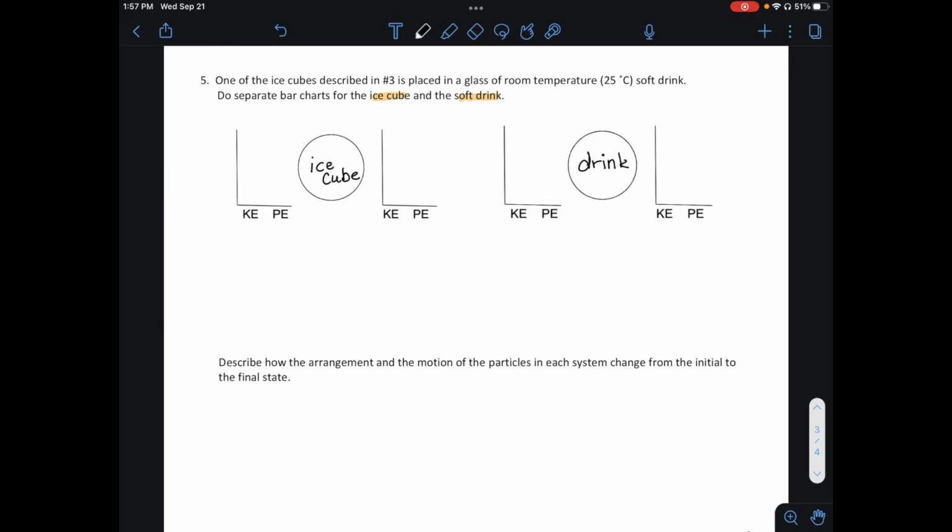So let's start with what we do know. We know that the ice cubes are going to go in the soft drink. So we know that they start at least as ice. Do they melt? Now this is going to be up to you. I suspect that the ice is going to melt into a liquid. But if you just imagine the ice cooling down, that's okay. So 1 block is a solid, 2 blocks is a liquid.